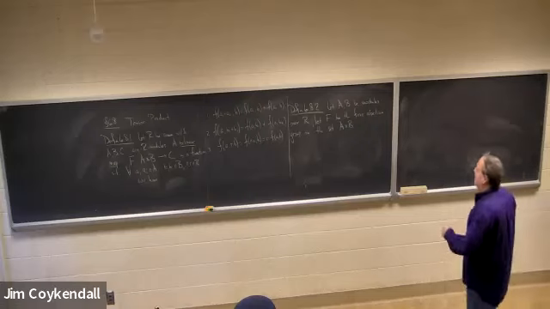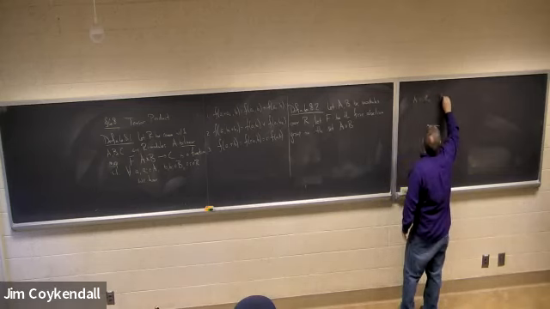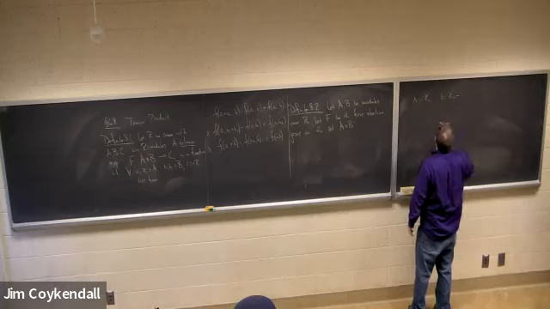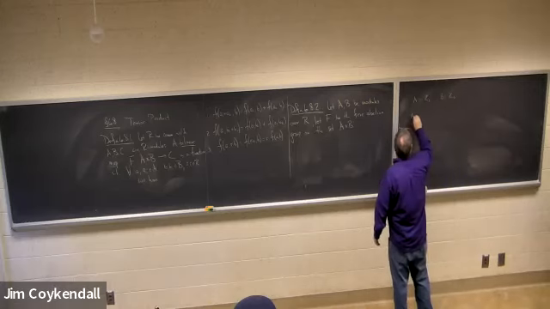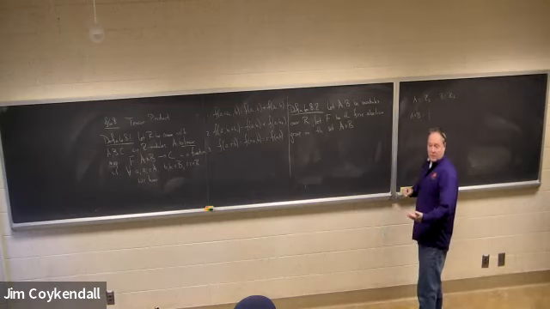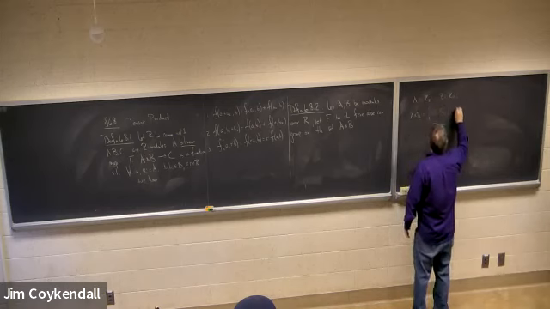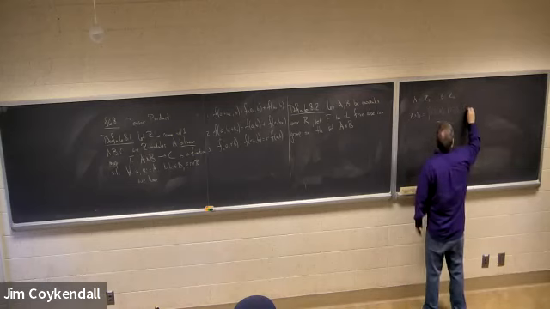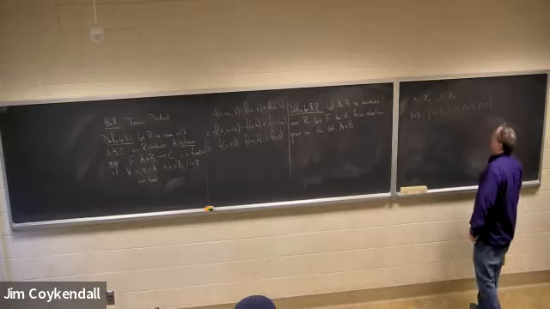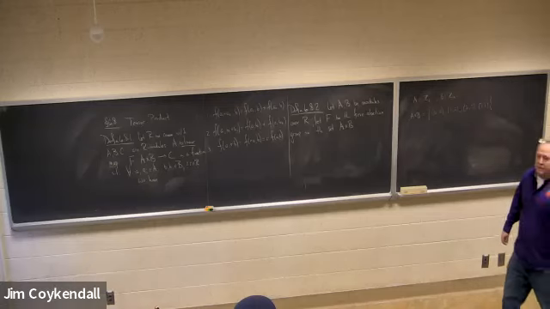So, for example, if A is Z2 and B is Z3, well, I'll just do Z2 then A cross B consists of four things. There's your set A cross B in this particular case.